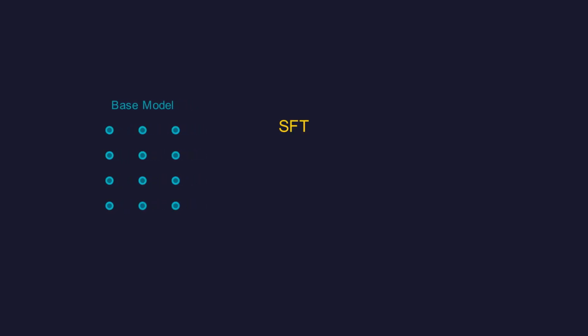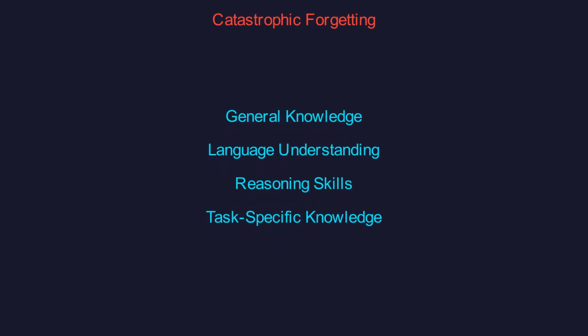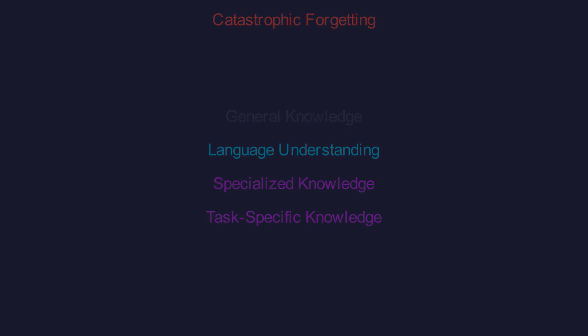So when we run supervised fine-tuning, we start from a base model and we work with one of our good datasets to fine-tune the model, and there's nothing wrong with that. However, in the process, instead of getting a fine-tuned model which maintains all the knowledge from the original model, adding specialized knowledge and task-specific knowledge, we often end up damaging or destroying general knowledge present in the model.